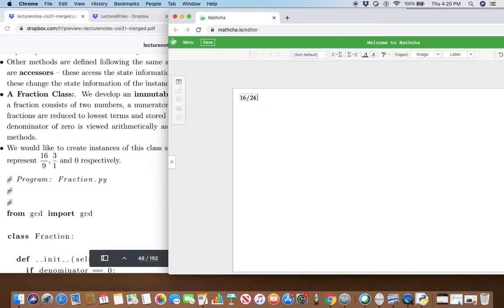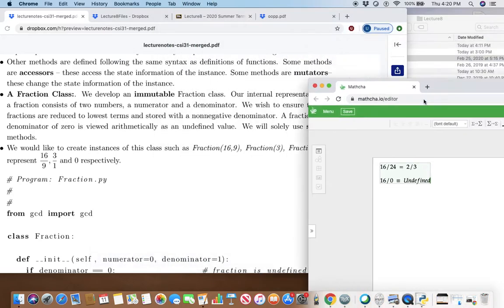Automatically your fraction class should reduce this to 2/3, since 8 is common. In other words, it should reduce whatever fraction the user gave it to its lowest form. Moreover, something like 16/0 should be deemed undefined. You understand? Now, what else?